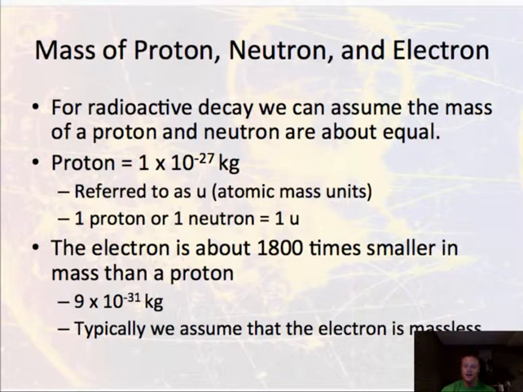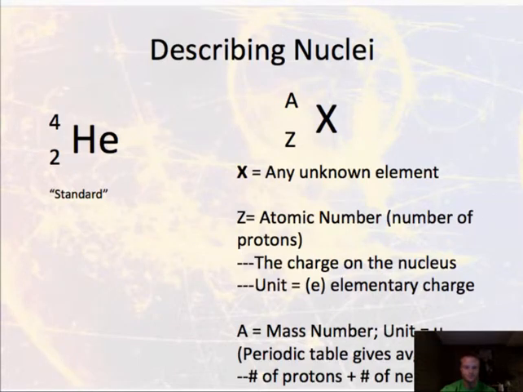An electron is about 1,800 times smaller than a proton, so in most of these problems we're going to assume electrons are massless. Now if you go back to the previous lesson in nuclear physics, that was not the case. So I'm sorry we flip-flop here between caring about mass and not caring about mass as much, but that's just how the cookie crumbles.